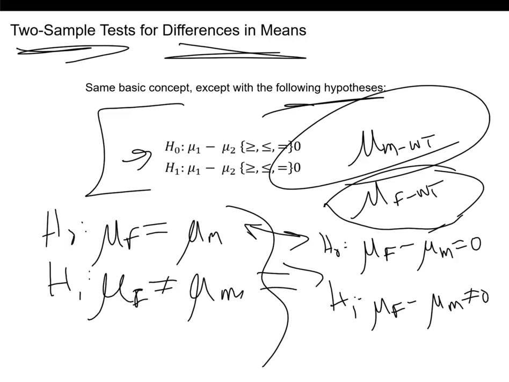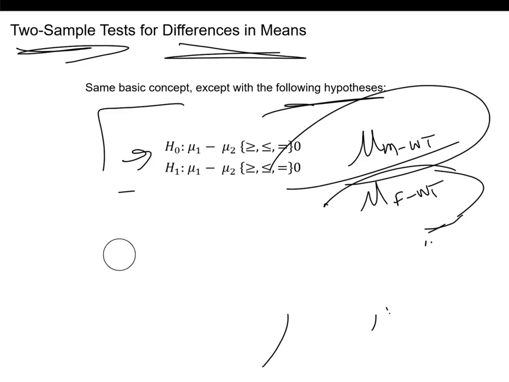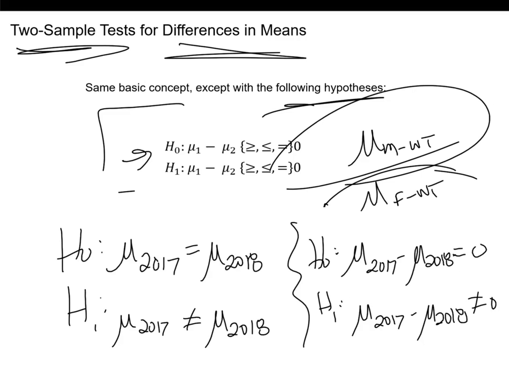We can ask the question, are the average call times in 2017 equal to the average call times in 2018? So this is the full write-up of the null and the alternative hypothesis. Again, the motivator for this was we've got this new training, and did the training do anything to the average call time? So we're really asking the question, are the average call times different, or are they the same, right?